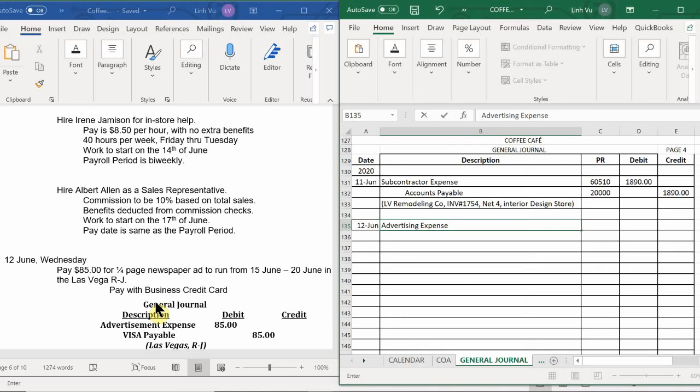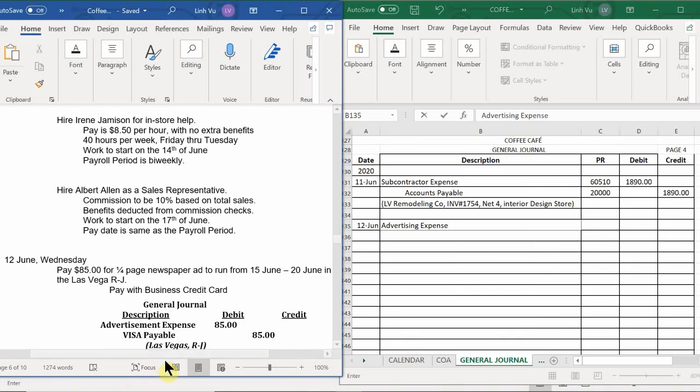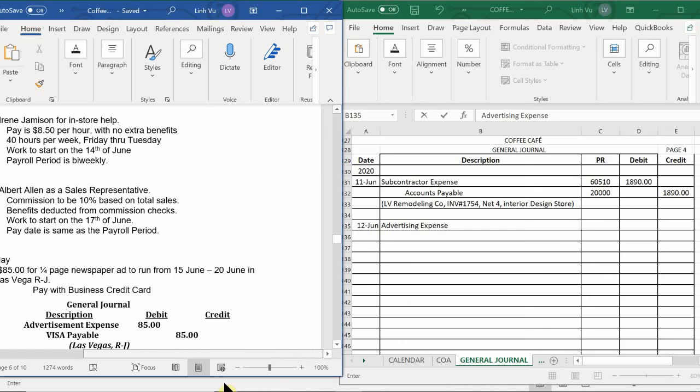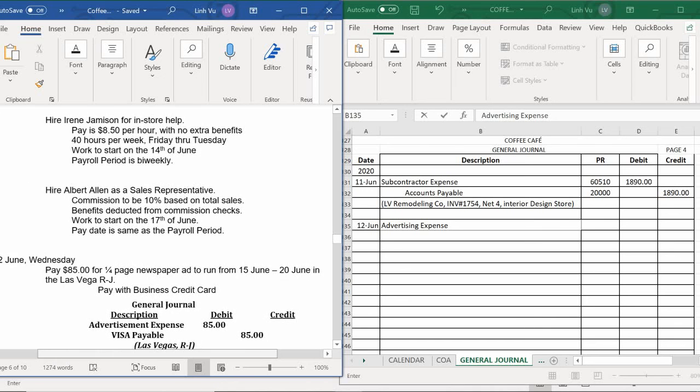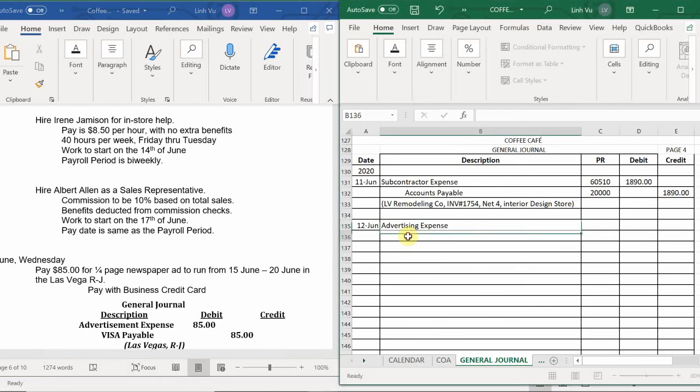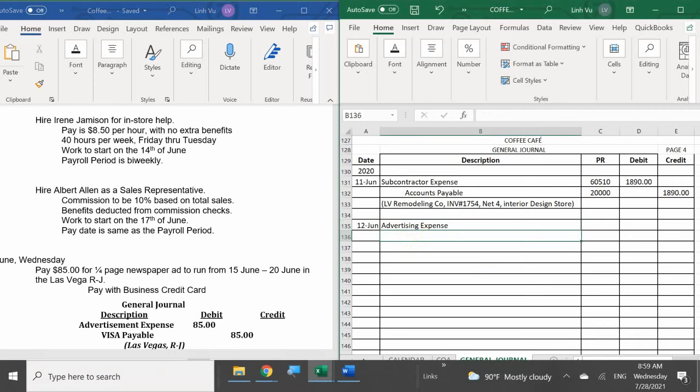In this case, we're having it done on the newspaper, right? So in this case, we bought $85 worth of advertising expense. Okay? And how did we pay for it? With a credit card. With our credit card.